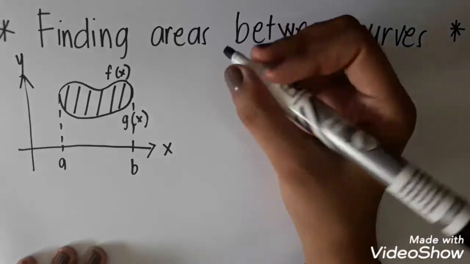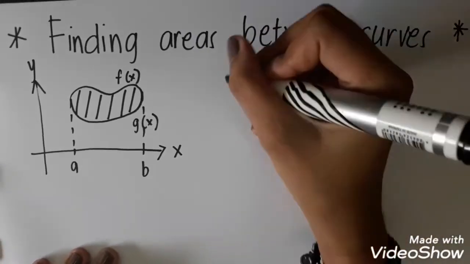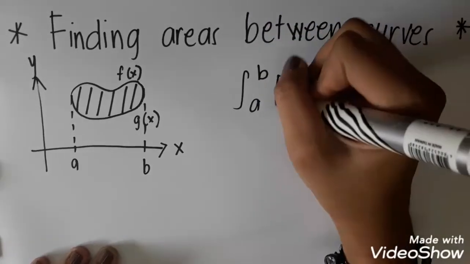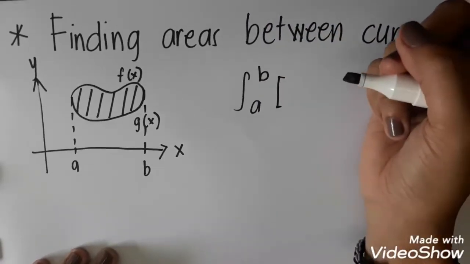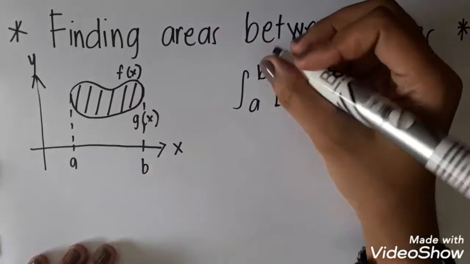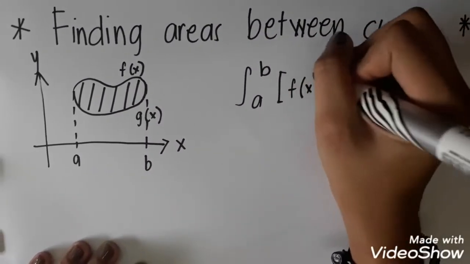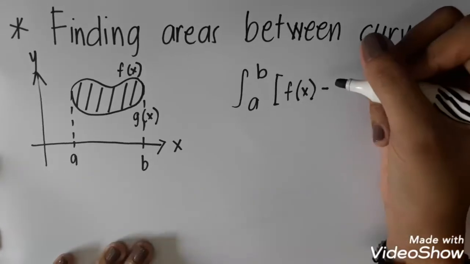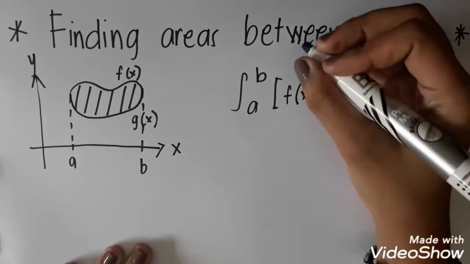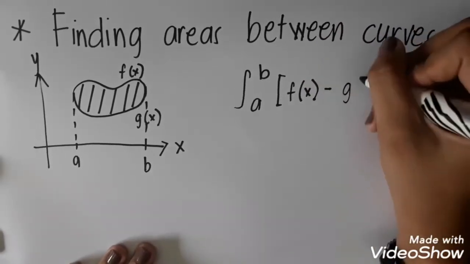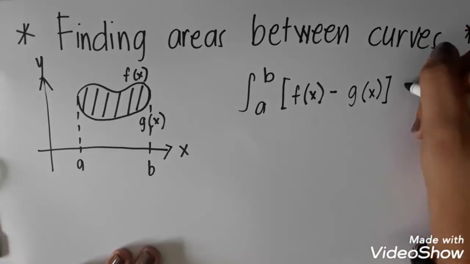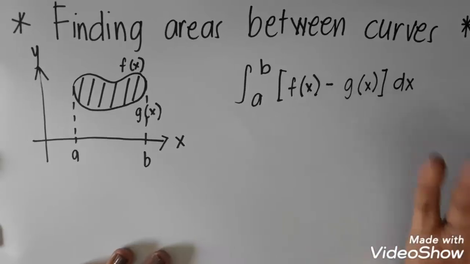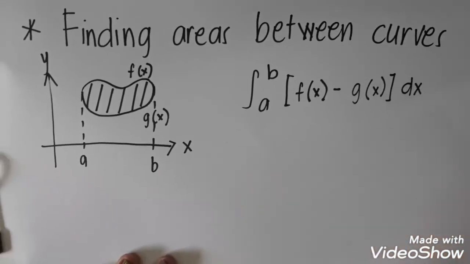The formula to find the area between curves is the integral from a to b of the top curve, f of x, minus the bottom curve, g of x, dx. This is the formula that we're going to use in finding the areas between curves.